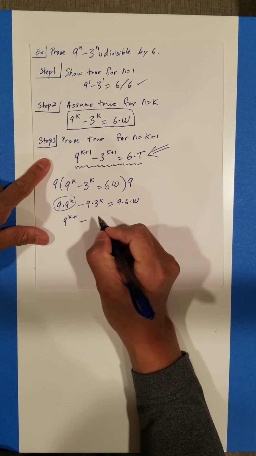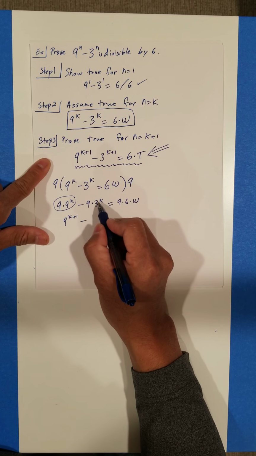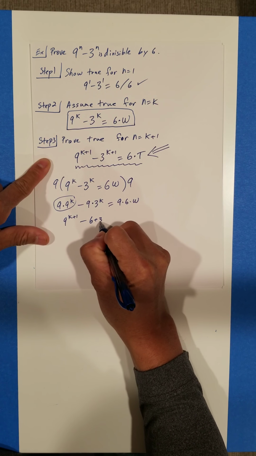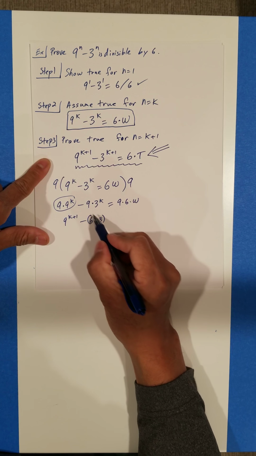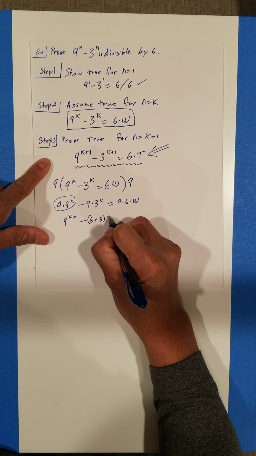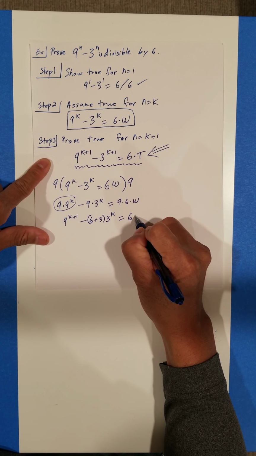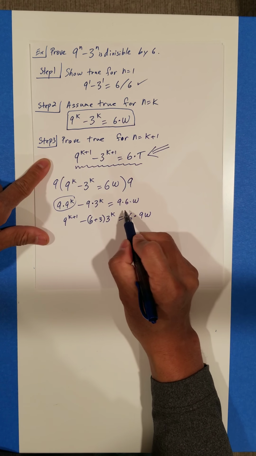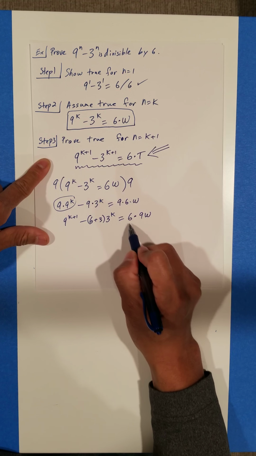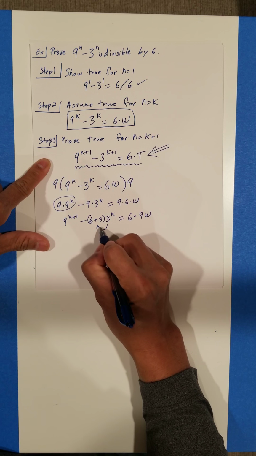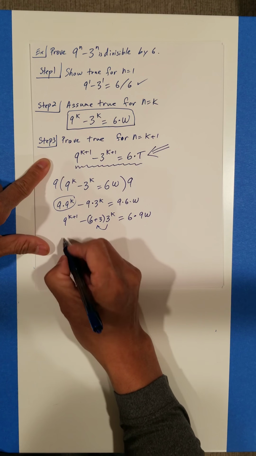I can make this a k plus 1 if I break down the 9 as 6 plus 3, like that. 9 is 6 plus 3, right? We all know that. And then I still have my 3 to the k there. And then this is 6 times 9w. So again, I'm going to switch these out. I'm going to put 6 in front. Okay, so now let's distribute this and you'll see something happening.